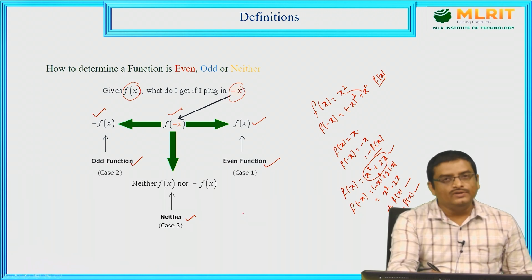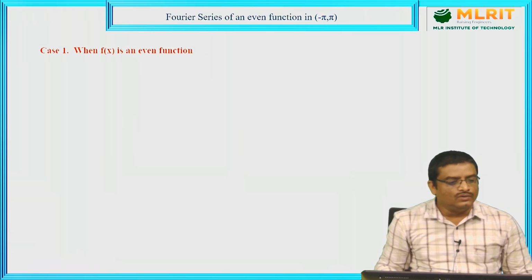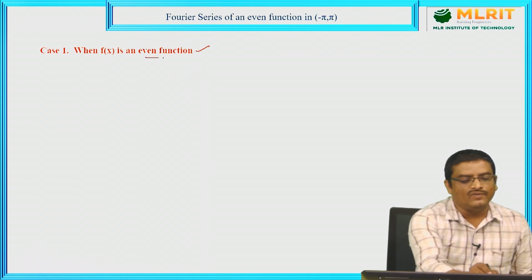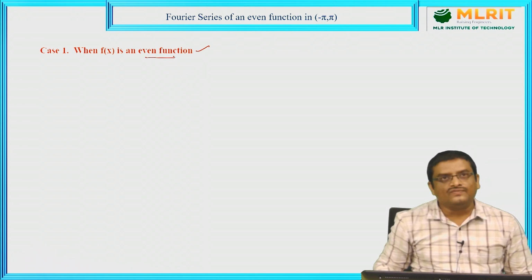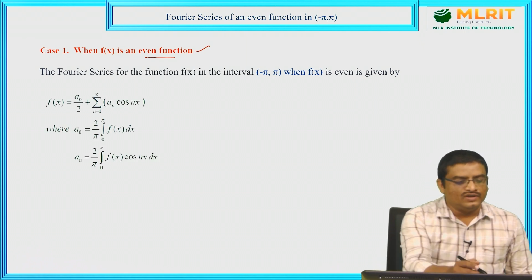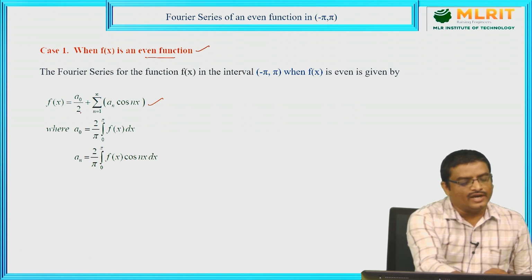Now in this video we will see how to find the Fourier series for even and odd functions. Let us take the first case, where the function is an even function. Let us take the formula to find the Fourier series in the interval minus pi comma pi. f of x is equal to a naught by 2 plus summation n is equal to 1 to infinity a n cos n x.